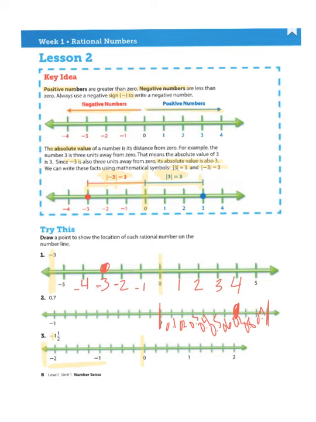And I know that 1/2 is in the middle. So the middle would be right here, because I have negative 1 here, negative 2 here. So 1/2 would go right there in the middle.